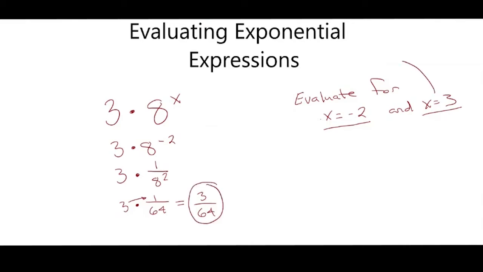Now let's do the same thing when x is equal to 3. So we have 3 times 8 to the third power. Well, remember, 8 to the third power is 8 times 8 times 8. So this becomes 3 times 8 times 8 times 8. And this would be a wonderful time to use a calculator.